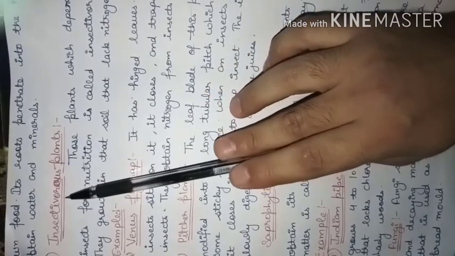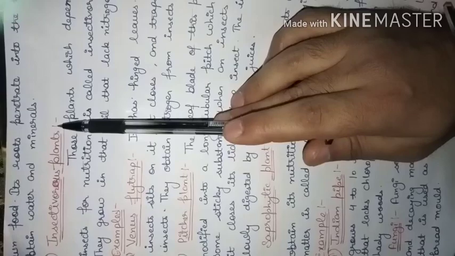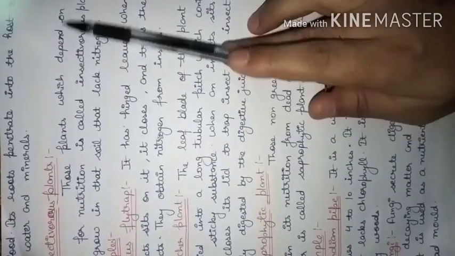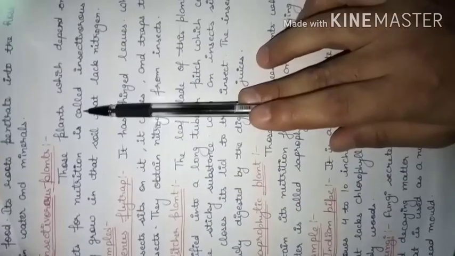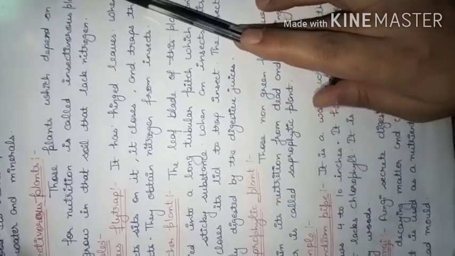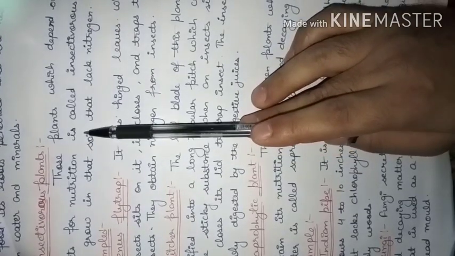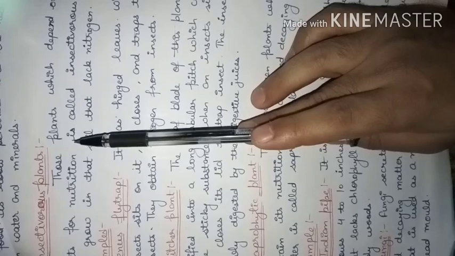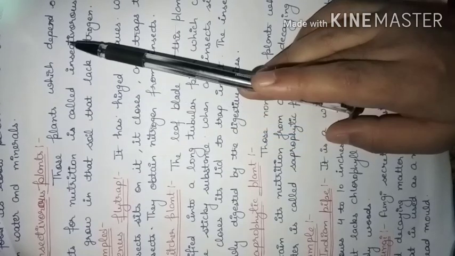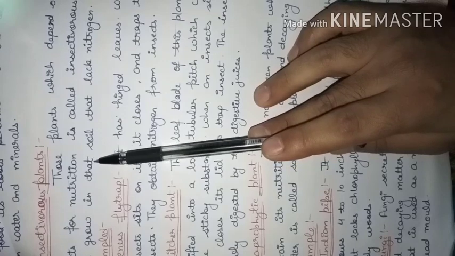Now the next heterotroph is the insectivorous plant. Those plants which obtain nutrition from insects are known as insectivorous plants. Those plants which eat insects to get the nutrition, to get the energy, are referred to as insectivorous plants. Why do they eat insects?